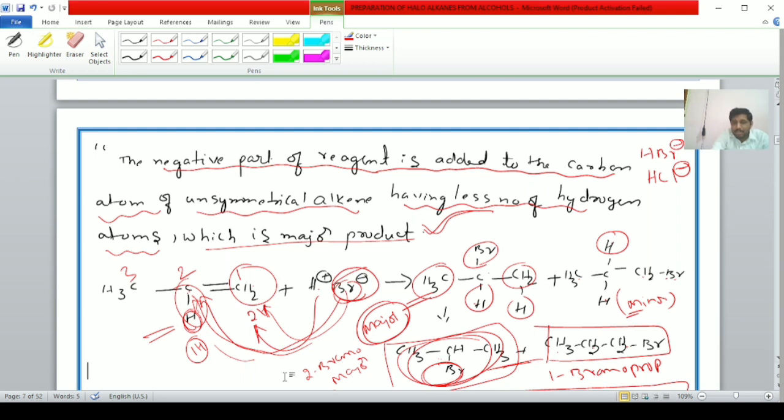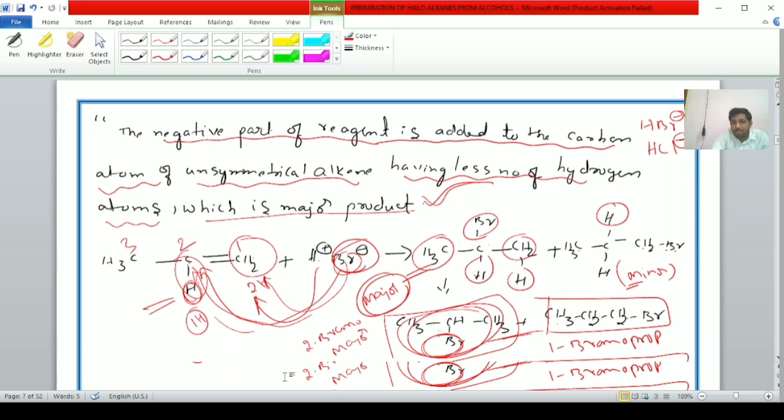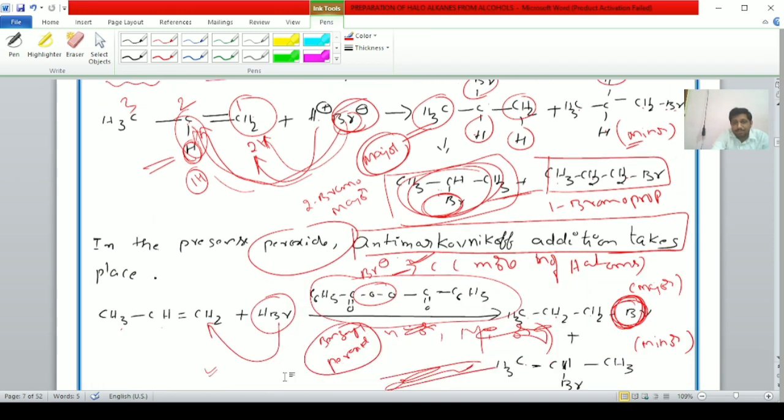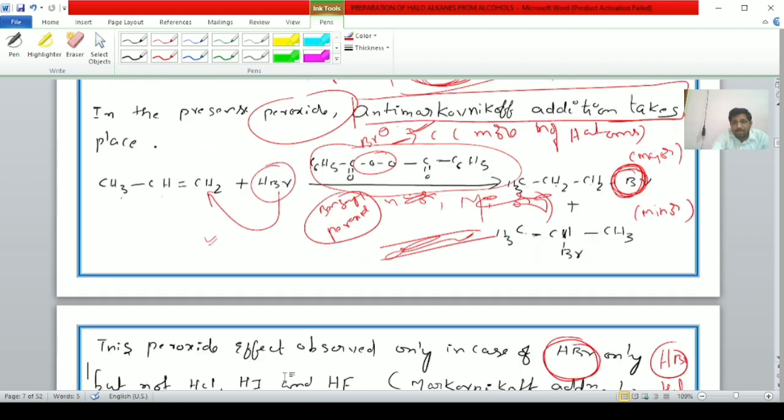When Br minus is added to the first carbon, 1-bromopropane is formed, which is the minor product, that is, less percentage.